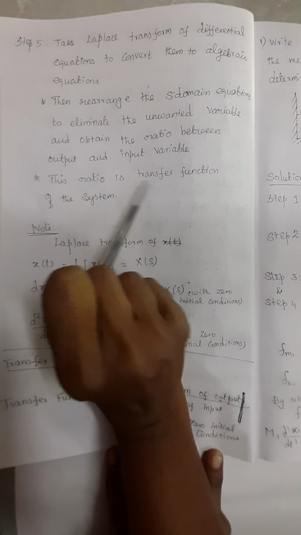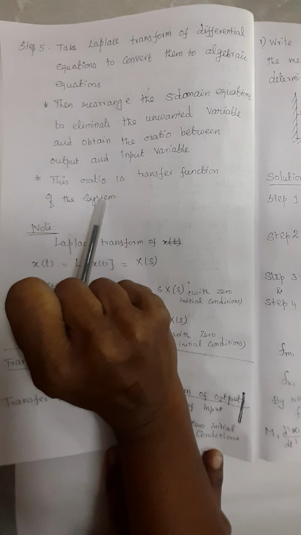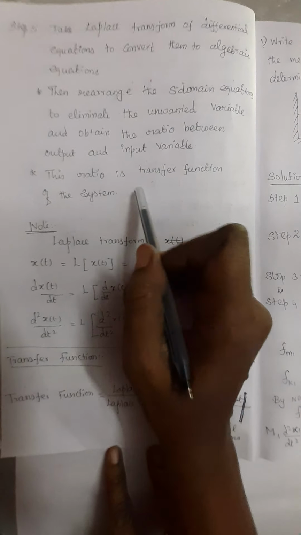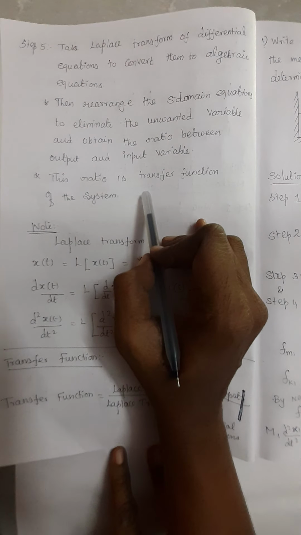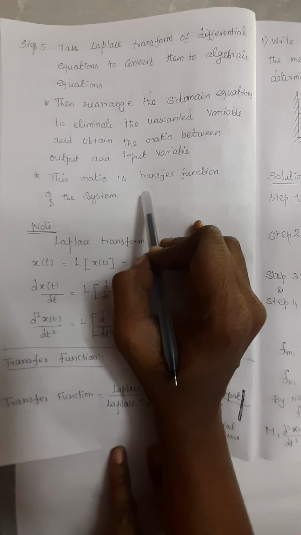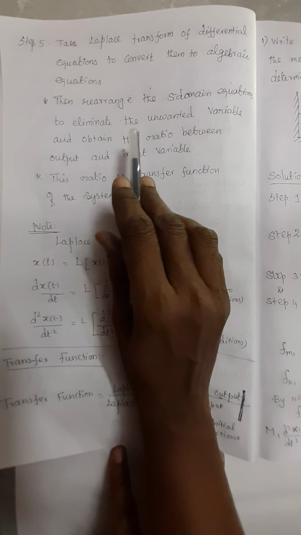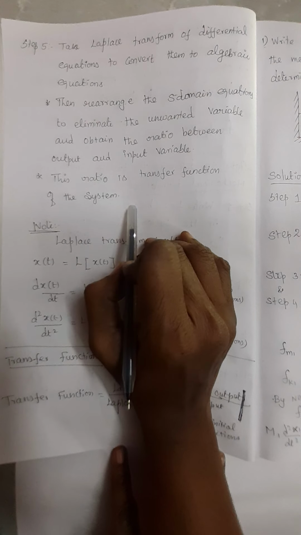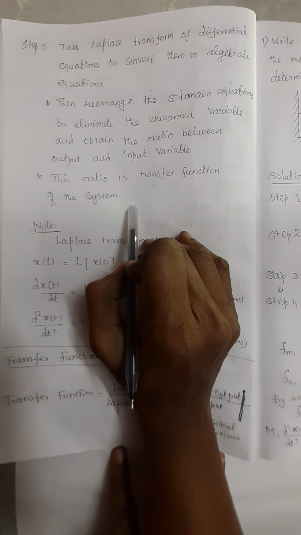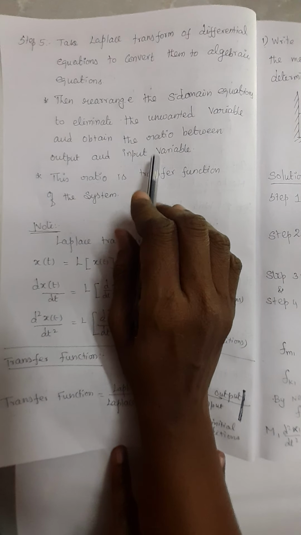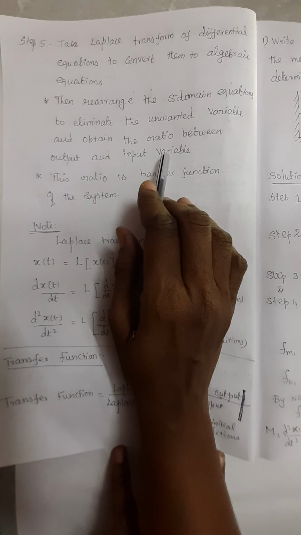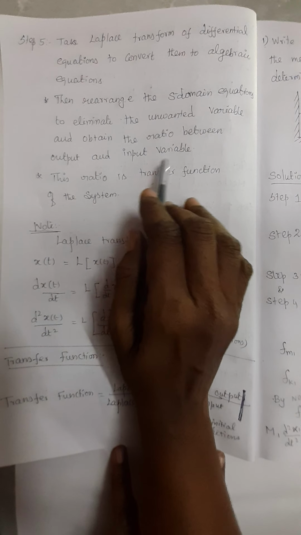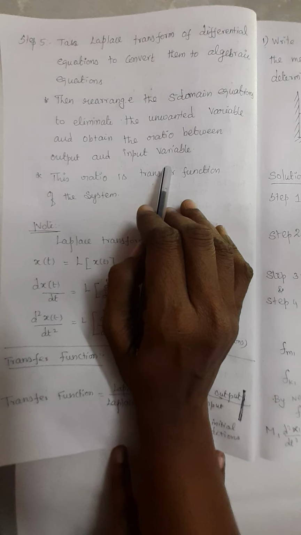So this is the transfer function of the system. So students, while determining the transfer function of the mechanical system, we have 5 steps to cover. The fifth step is none other than rearranging the equations and solving them in the required form.